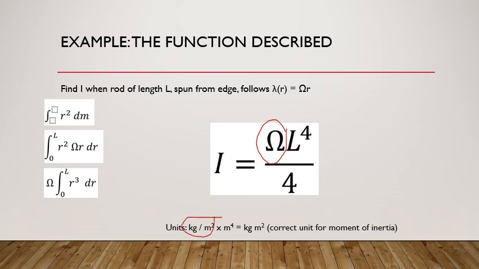And we've got L to the fourth also, and we know its units are meters to the fourth. When we multiply those together, we end up with kilograms meter squared, and that's exactly the kind of unit we're looking for when it comes to moment of inertia. So that worked out great.